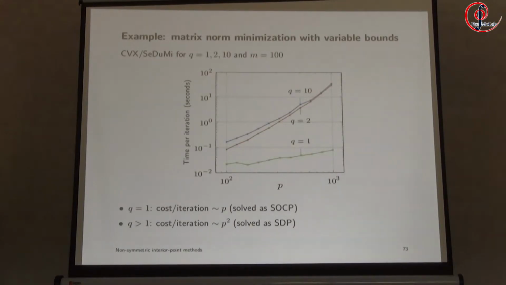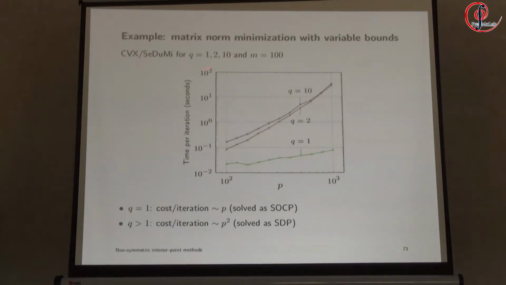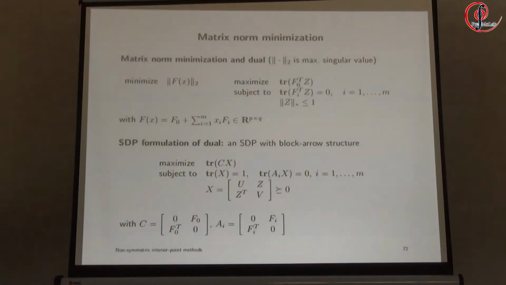For Q is 1, this can be formulated in terms of second order cone problems, and the cost is linear in P, if you keep all the other dimensions fixed. If you take Q, as soon as Q goes to 2 or 3, then the cost becomes at least quadratic in P. And again, that's a little disappointing because you would think that solving a matrix norm minimization problem for a matrix with only a few columns wouldn't be much harder than solving the least squares problem.